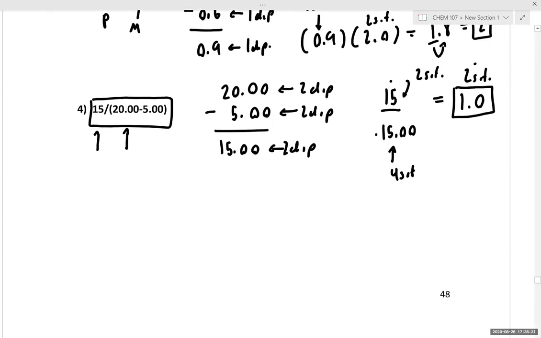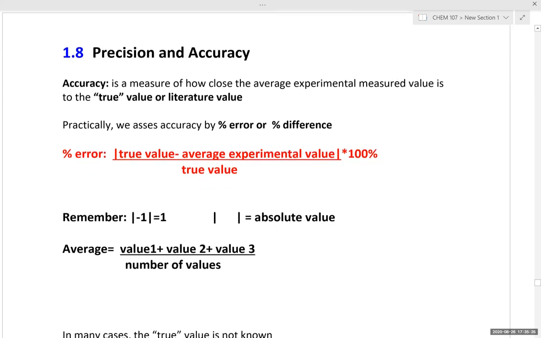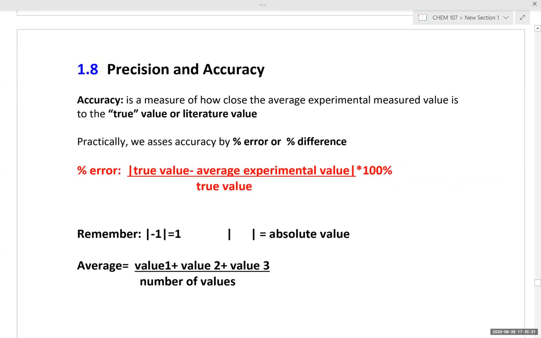So let's continue on now, and let's talk a little bit about precision and accuracy. These words have very unique connotations in chemistry, and it's important that you use these words appropriately in your laboratory discussions and when answering questions both in your lab and lecture. So, accuracy is a measure of how close the average experimental value is to the true or literature value.